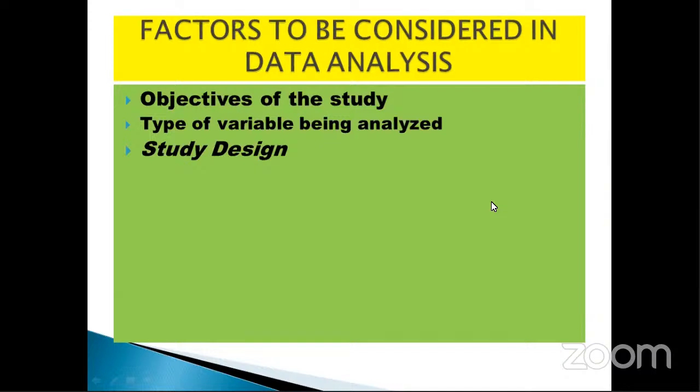And I told you, when you define variables, you will not just define them operationally. There are three ways to define variables: you have to define them conceptually, operationally, and analytically. I think that was discussed yesterday.